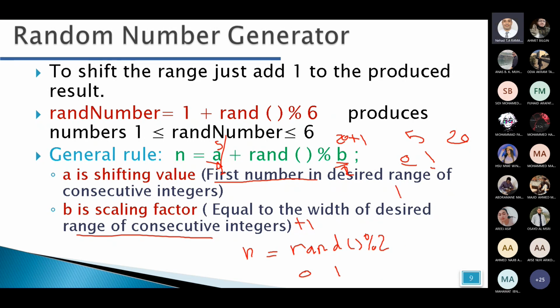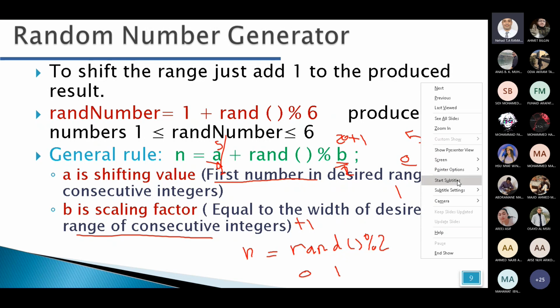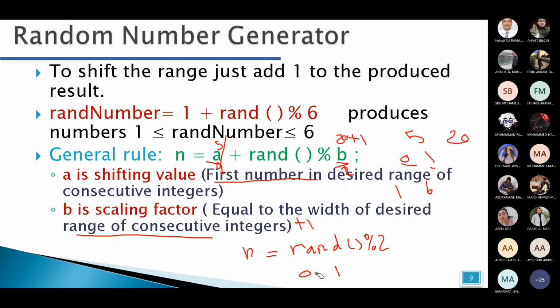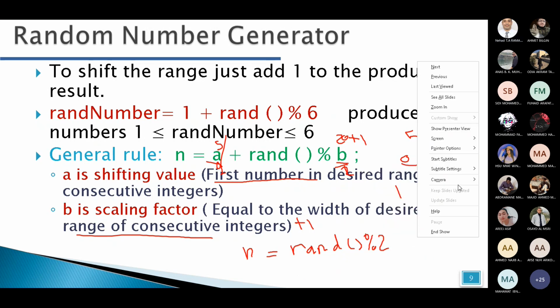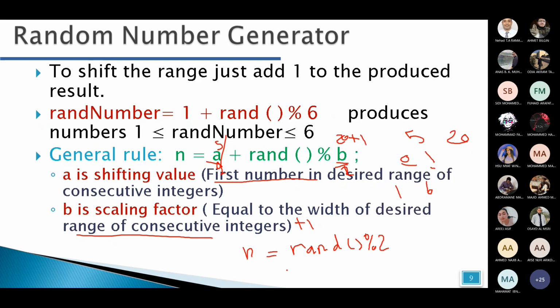Okay, from 1 to 6, it's like this. 1 plus rand mod 6.